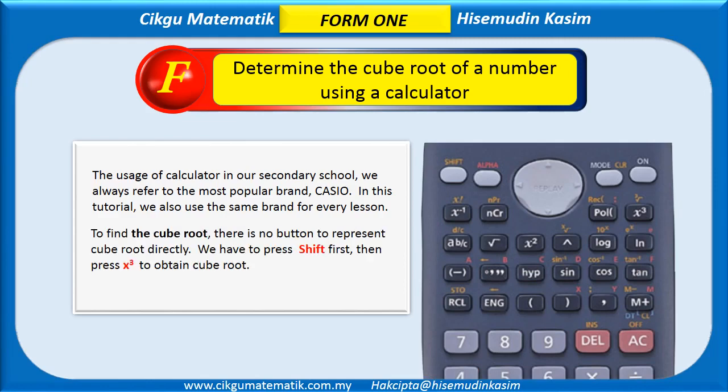To find the cube root, there is no button to represent cube root directly. We have to press Shift first, then press Cube to obtain cube root. Press Shift, Cube, we get cube root.